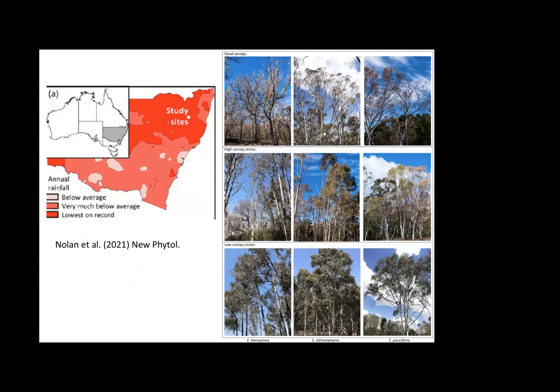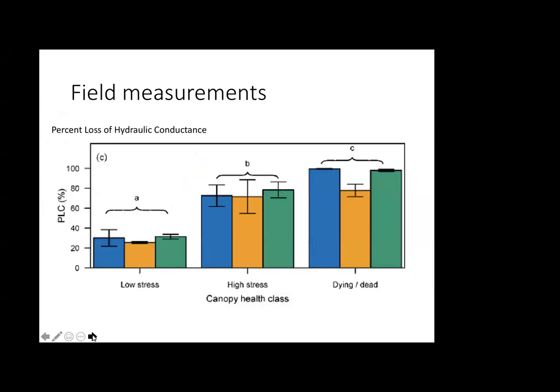What they did was to go out, find a bunch of study sites up in New England and find three different species of eucalypt in states where they had dead canopies, low canopy stress, or still full canopies. They cut sections of stem and looked at the percent loss of conductivity in the stems from the different severity classes.